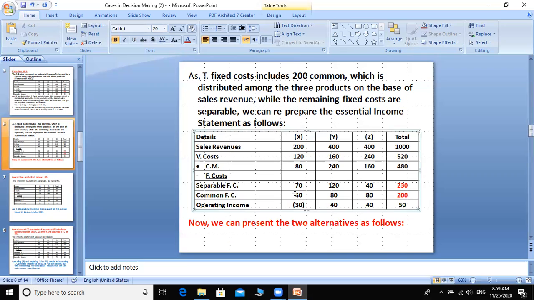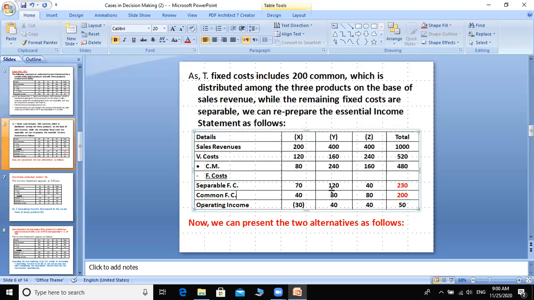This one was having fixed cost 110, out of which 40 common. So the separable equals 70. This one was having 200 fixed costs as total, out of which 80 common fixed costs, thus separable 120. The last product, that is Z, has 120, out of which 80 common fixed costs, so the remaining equals 40.